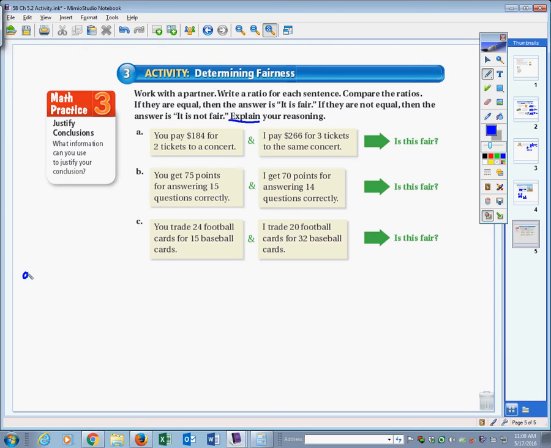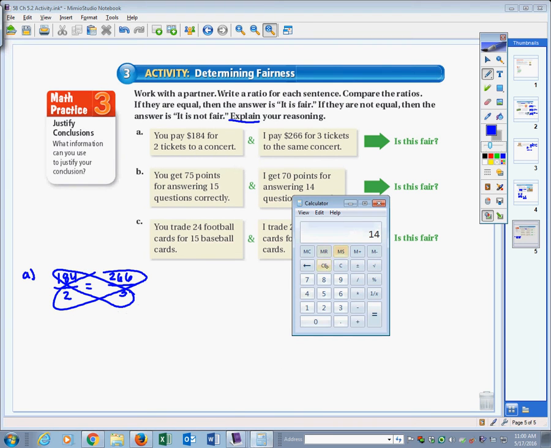So problem A is going to say $184 for 2 tickets. I paid $266 for 3 tickets. Okay, so we're going to use our cross products and do some multiplication and see if this is a fair proportion.